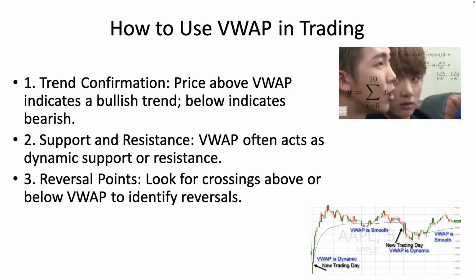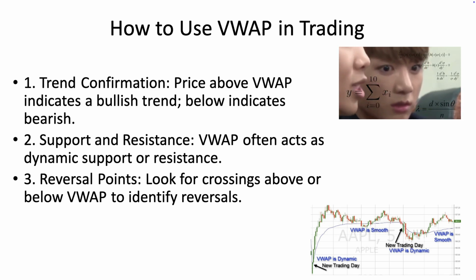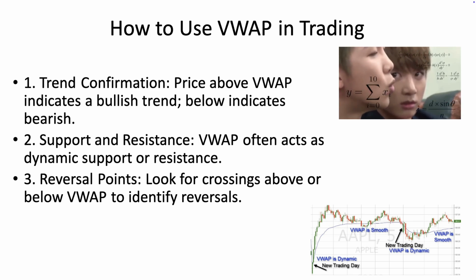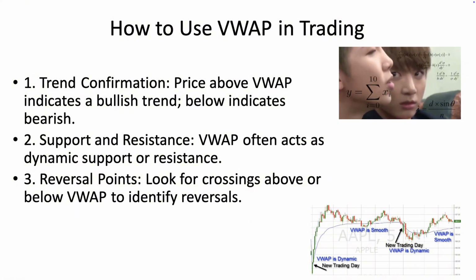May lag in volatile markets and also not ideal for long-term trend analysis. So basically, the moving average I think is better for long-term trades because you can have like the 200-day moving average and stuff like that. This one is mainly for day traders and stuff like that, but you can also use it to get into your long-term trades too, just to see what the overall market is doing.